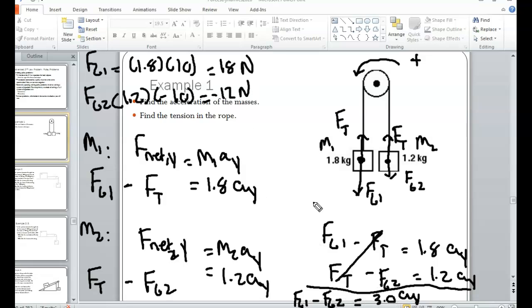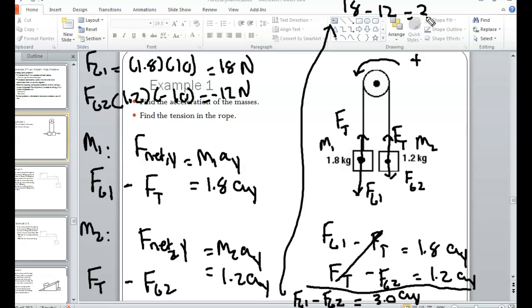Alright, so what do I end up with? I plug those values into my equation right here. I have 18 minus 12 equals 3 times ay. Somebody is going to ask at this point, by the way, shouldn't I be subtracting negative 12? No, this negative sign is to indicate that Fg2 is negative.